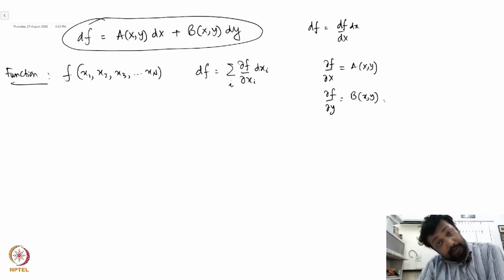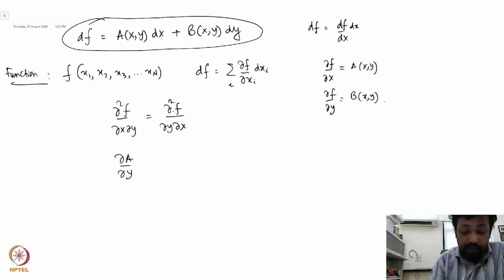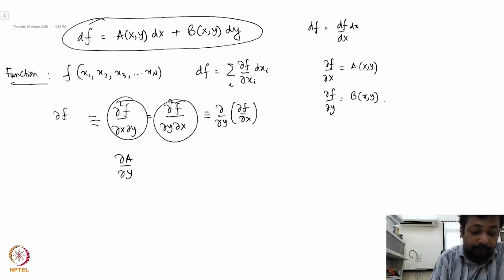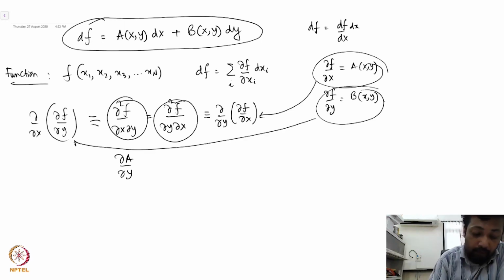But since it's an analytic function, it follows that the mixed derivatives must be the same: ∂²f/∂y∂x equals ∂²f/∂x∂y. So therefore ∂a/∂y is equivalent to ∂/∂y of ∂f/∂x, and ∂b/∂x is equivalent to ∂/∂x of ∂f/∂y.